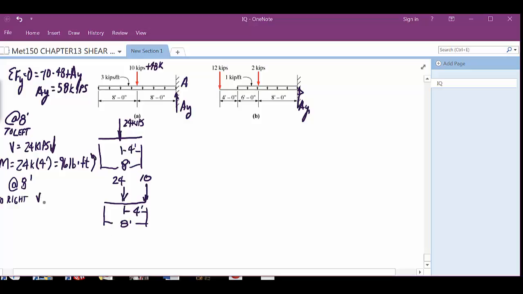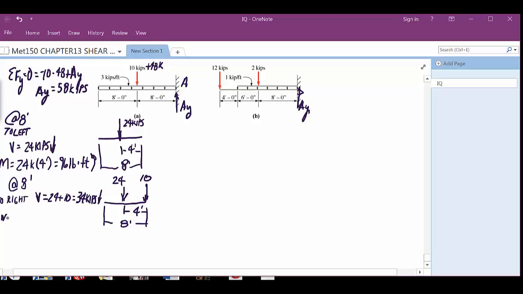So the shear at that point over to the right is the 24, and that's actually minus, isn't it? Well, yeah, it's 24 plus 10, so it's 34 kips going down, right? Positive. Or is it? Let's see. Yeah, I got it.